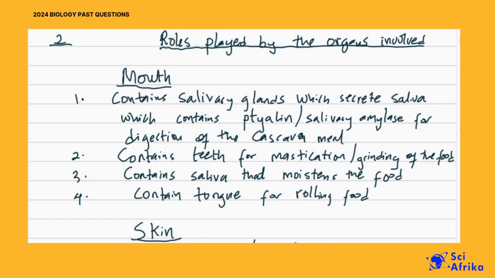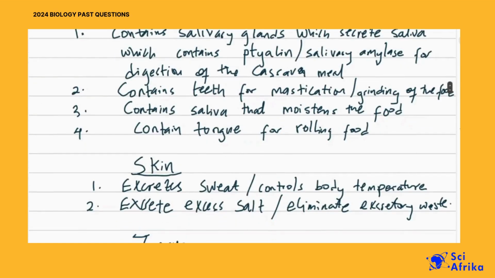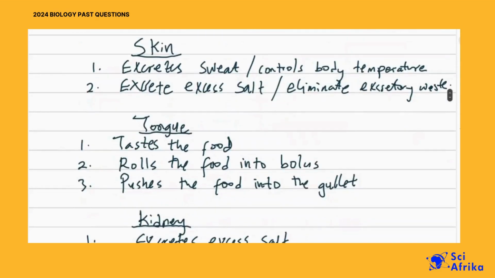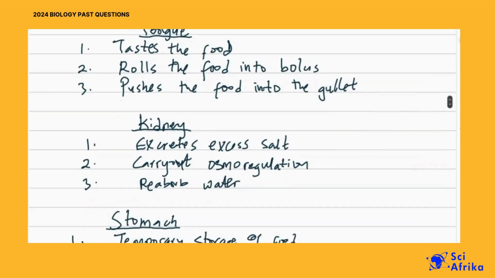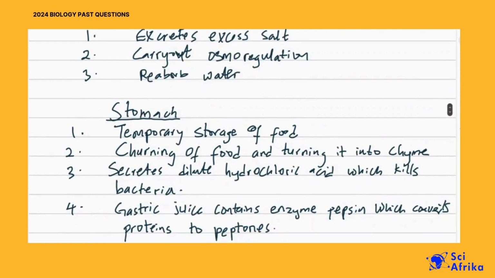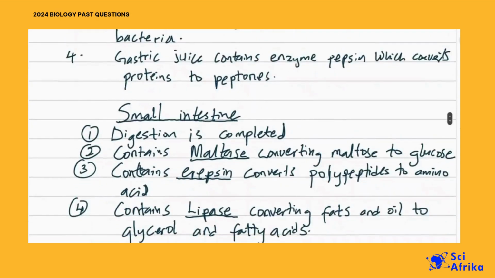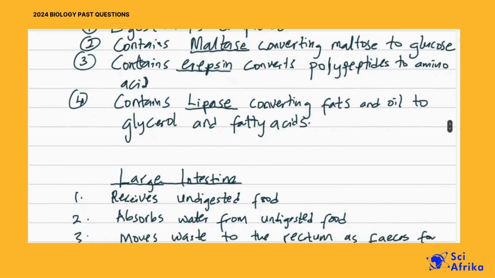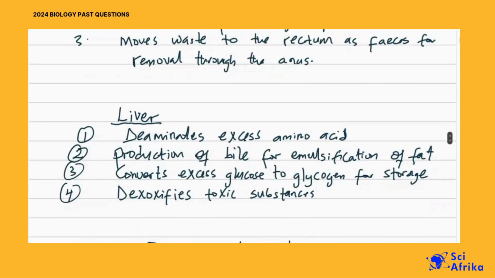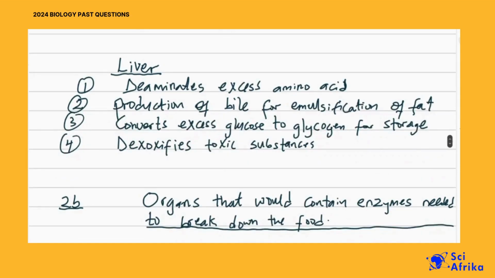We mentioned the role played by the mouth in digestion. We mentioned that of the skin. We mentioned the tongue's role, kidney, stomach, small intestine. We also mentioned the large intestine and the liver, and we explained what they do in that process.